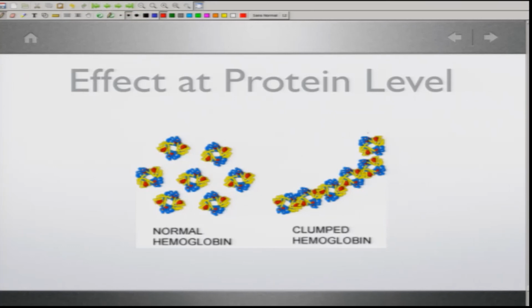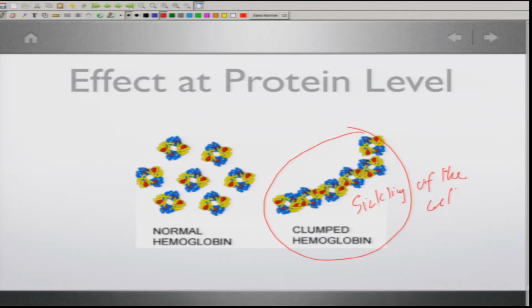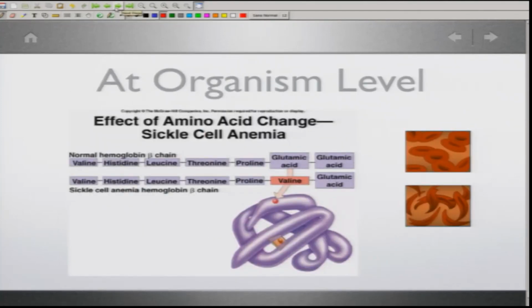At the protein level, this is the clumping which happens because of the sickling of the cell. And at the organism level, this is the shift. So, a single mutation can lead to such a profound effect on the blood carrying capacity.